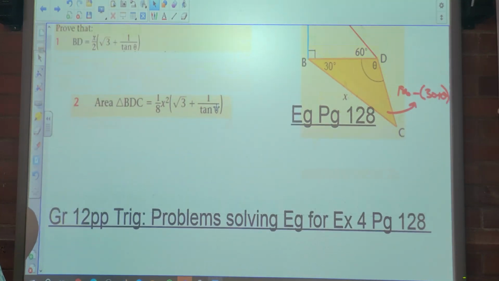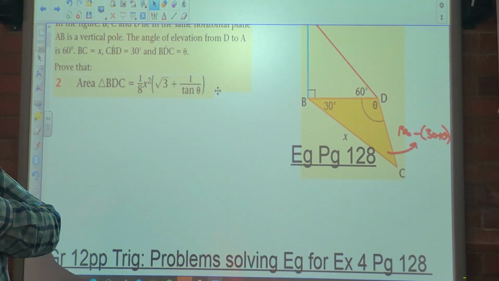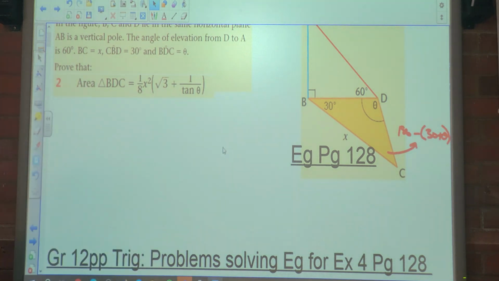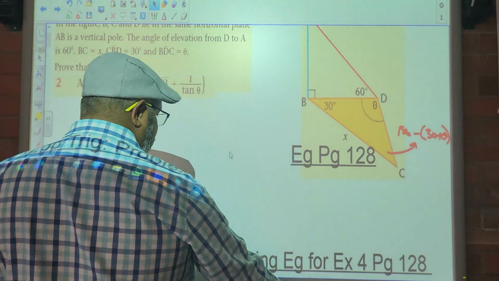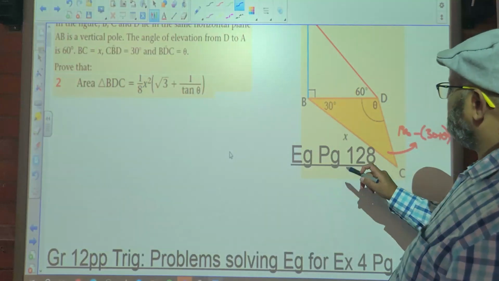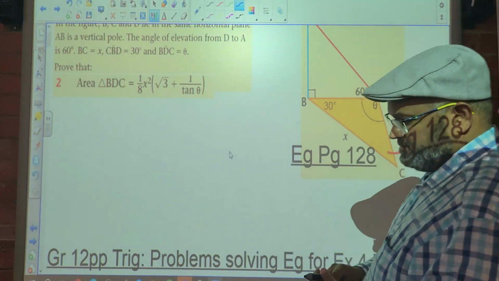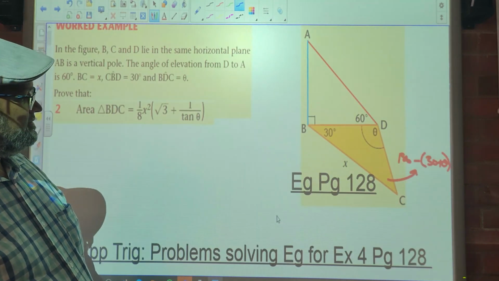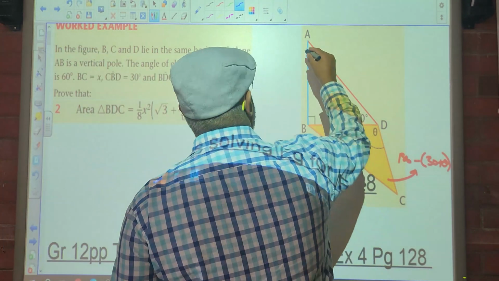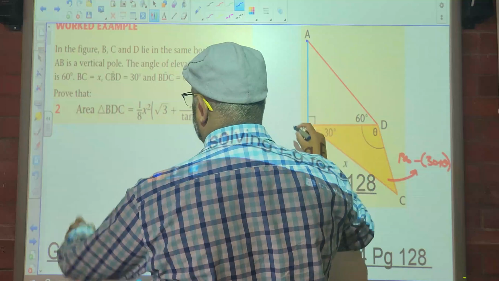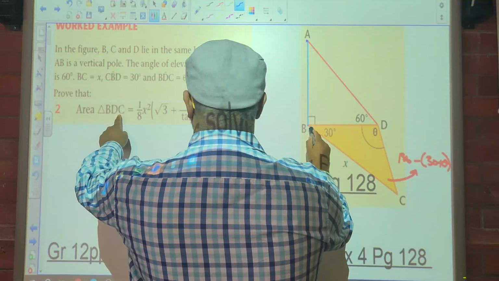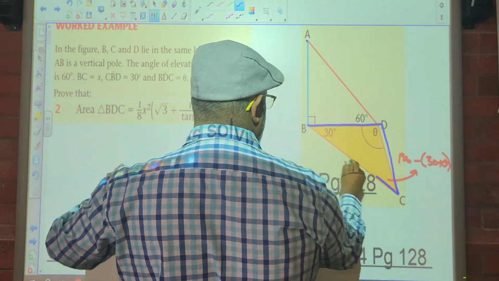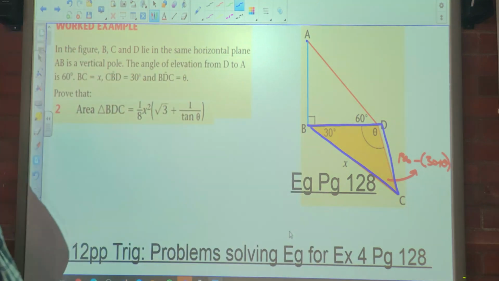The question says we must show that the area of triangle BDC is given as that thing.